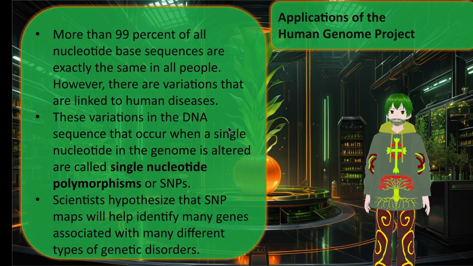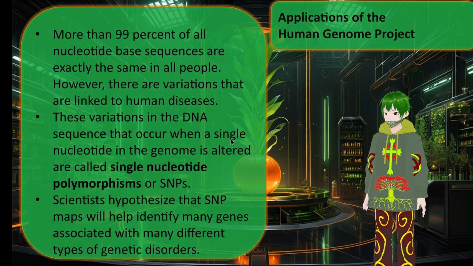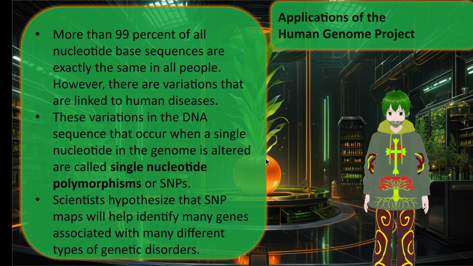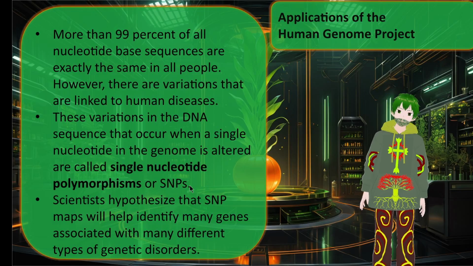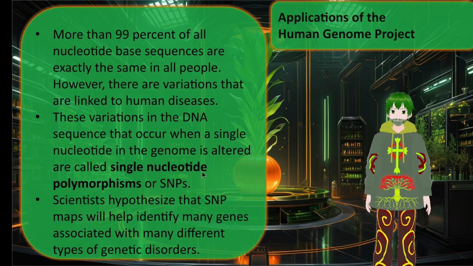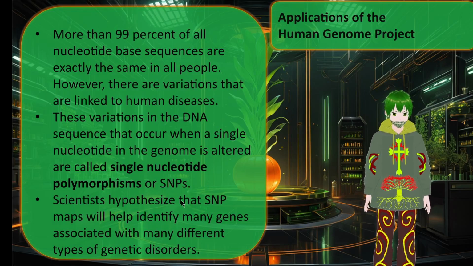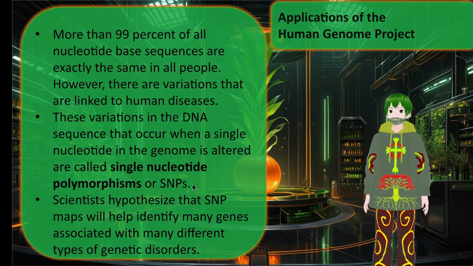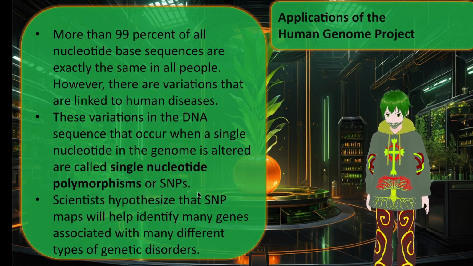These variations in the DNA sequences that occur when a single nucleotide in the genome is changed are called single nucleotide polymorphisms, SNPs, or sometimes, depending on which book you're reading, point mutations, single point mutations. But your single nucleotide polymorphisms are responsible for some of the big variations within humans.